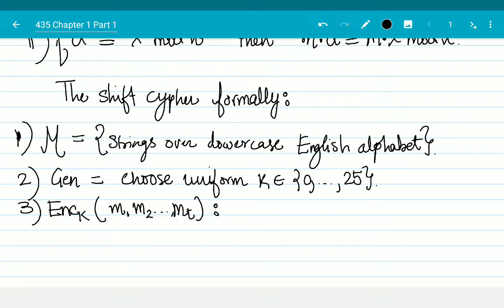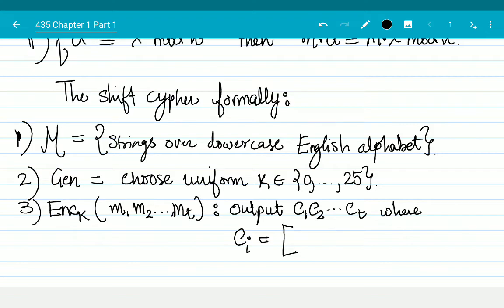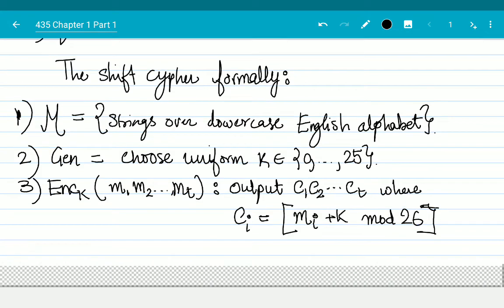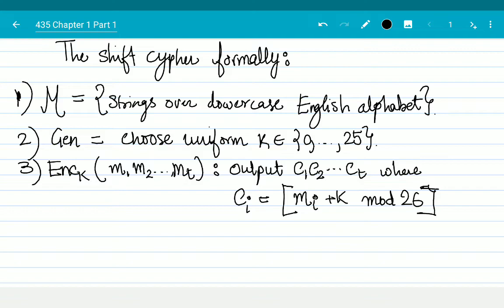How does it get encrypted? Output c1 c2 ... ct, where ci is equal to m_i plus k mod 26, right? Why mod 26? Because we have 26 letters. It will wrap around after 26.